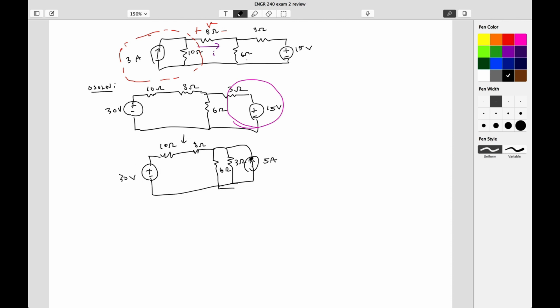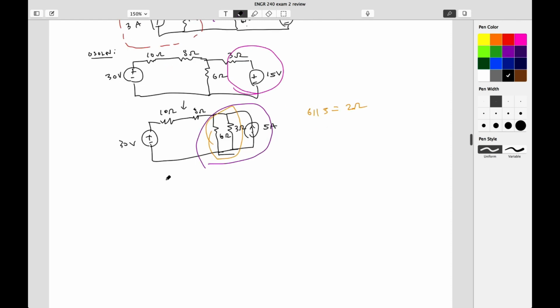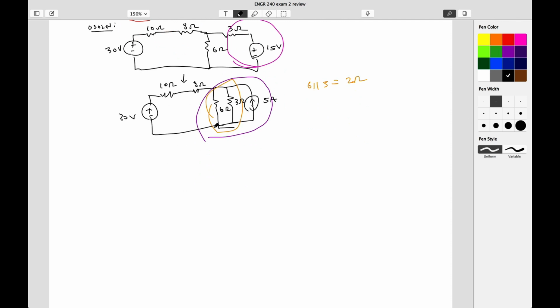All right, so as I just mentioned, now this 6 and this 3 are in parallel. 6 in parallel with 3 is equal to 2 ohms. So then I can use that combined with this current source and take it back, making this my next obvious choice for a source transformation.